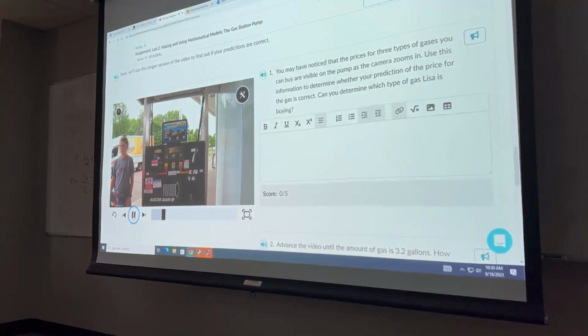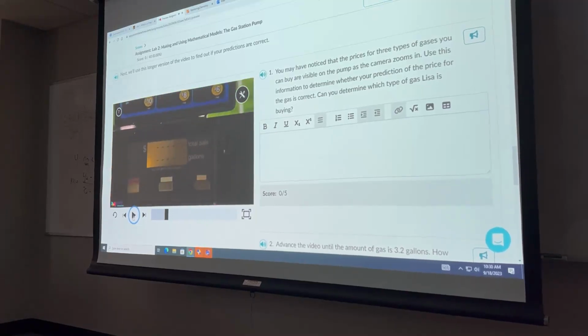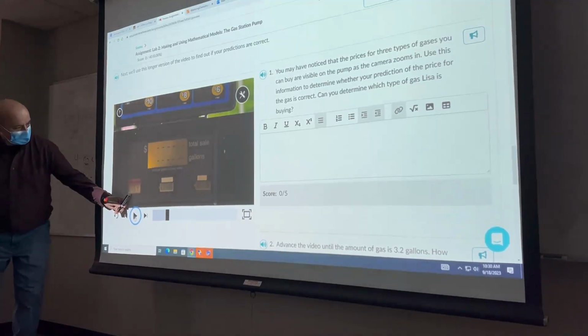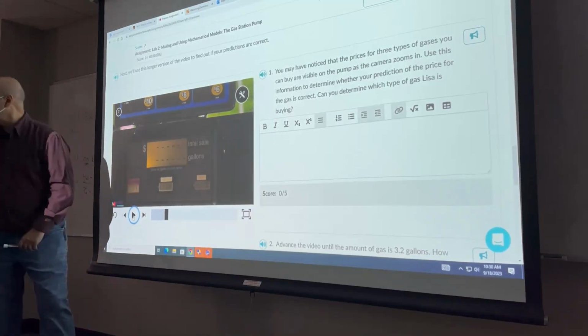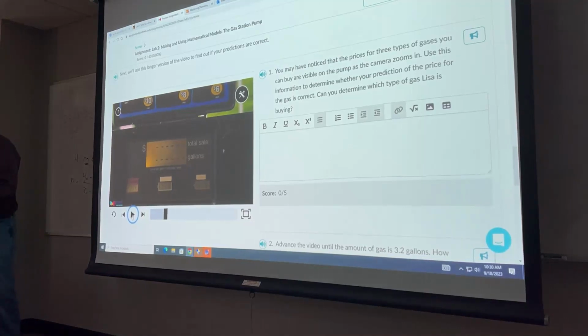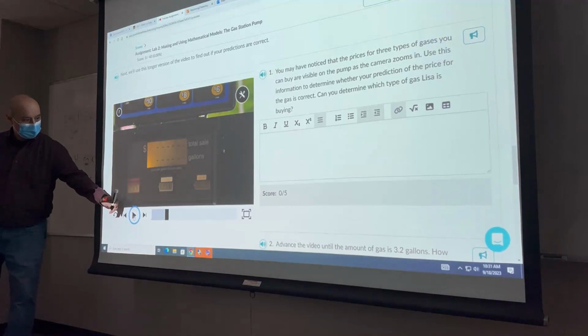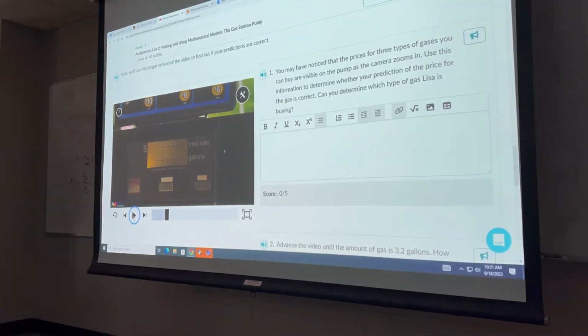So let's see. Are they visible? The first two. 275, 305, and I cannot see that, you're right. But we said that the price of gas was 276, right? So she must be using unleaded, the lowest octane, whatever.